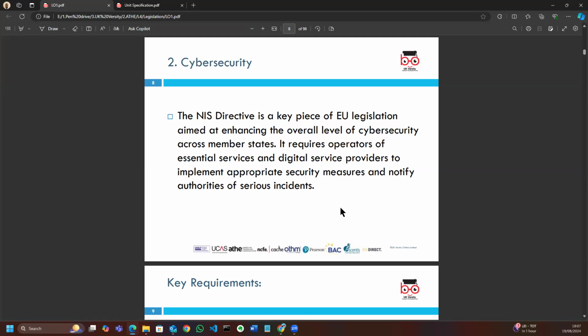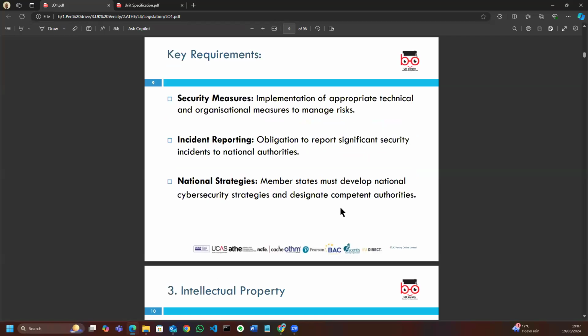Cybersecurity. This is a key piece of EU regulation which aims to enhance the overall level of cybersecurity awareness across each member state. It requires operators of essential services and digital service providers to implement appropriate security measures, and they also have to notify authorities of serious incidents. What are the key requirements?